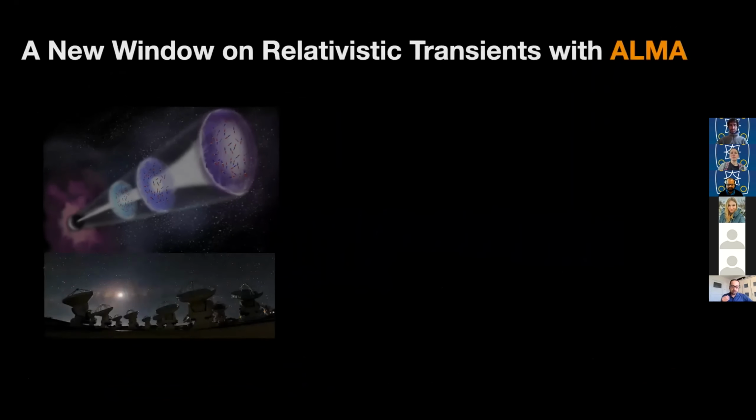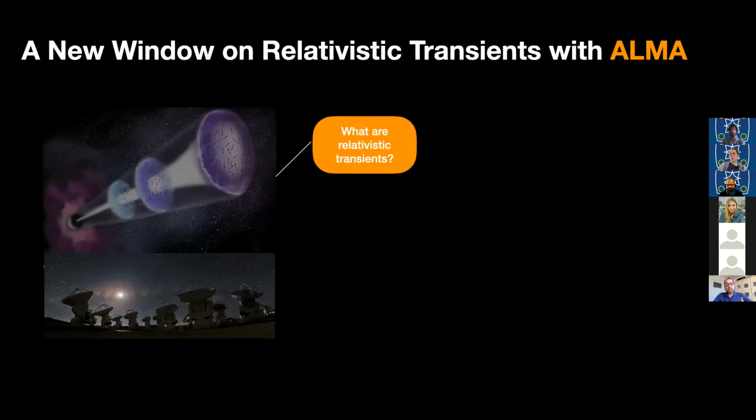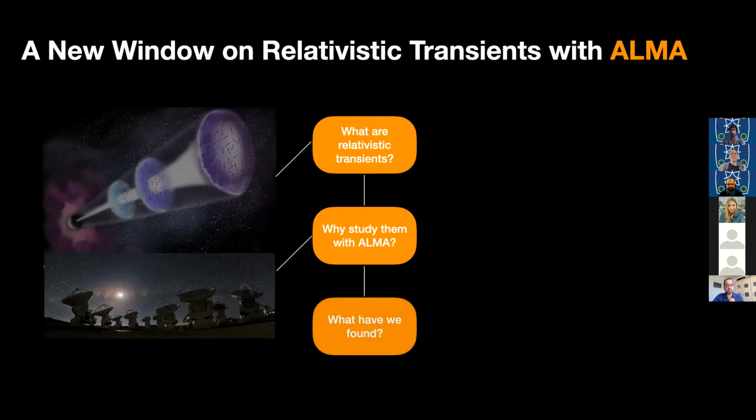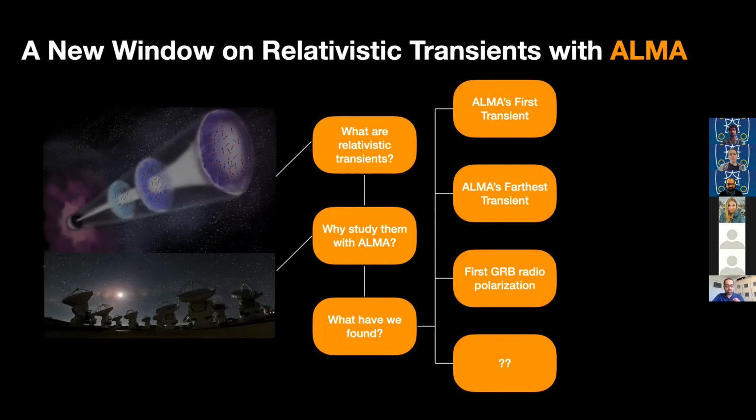Since there aren't many talks on transients at this conference, I thought I'd begin with some background on what relativistic transients are and why we like to look at them with ALMA in the first place. I'll discuss what we found with 4 case studies. I will show you the first ever light curve of a transient that we obtained with ALMA, and the farthest transient seen by ALMA, which is a gamma ray burst at a redshift of 6.